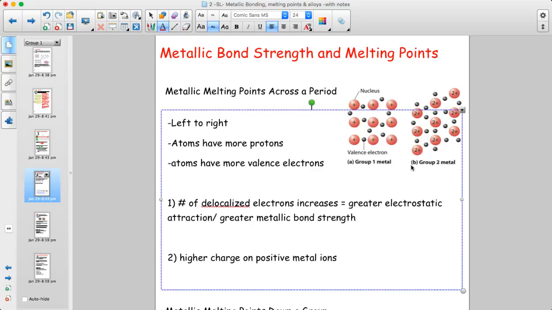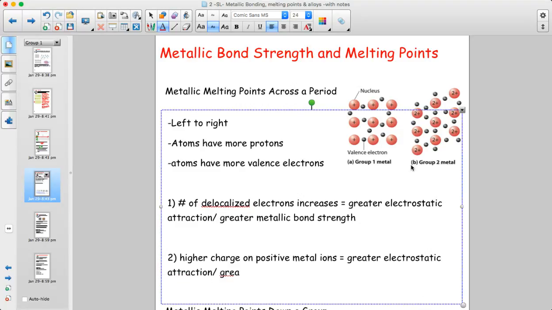And one of the rules about charge is that more charge will create stronger attractions. So higher charge on the positive metal ions, once again, equals greater electrostatic attraction, or greater metallic bond strength. So there are really two distinct reasons why, as you go from left to right, the metallic bond strength is increasing and therefore the melting point is increasing.